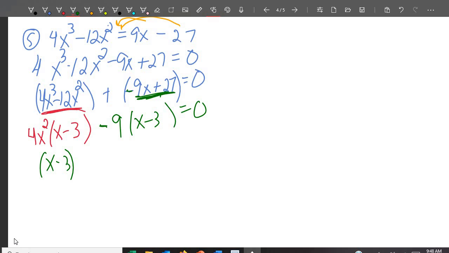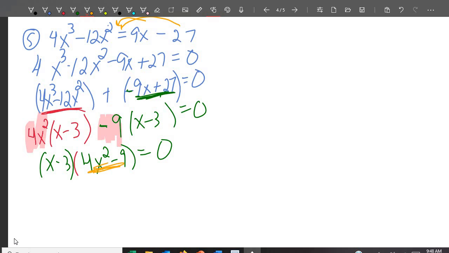The other part is the 4x squared minus 9. Okay, pay attention.